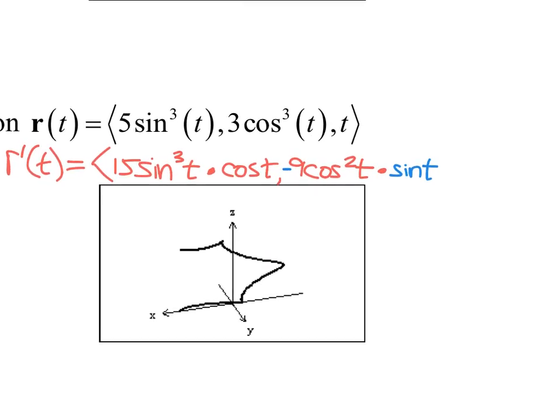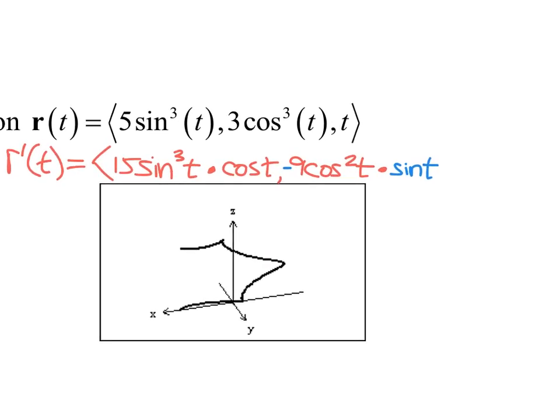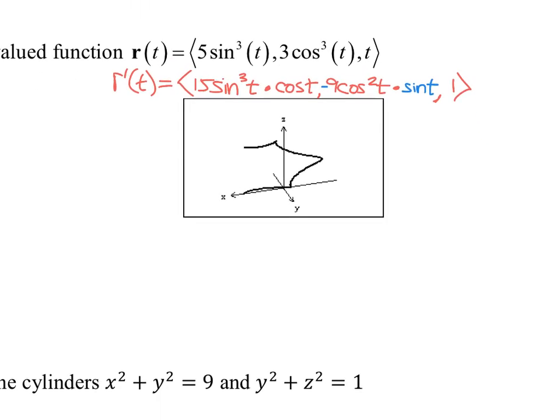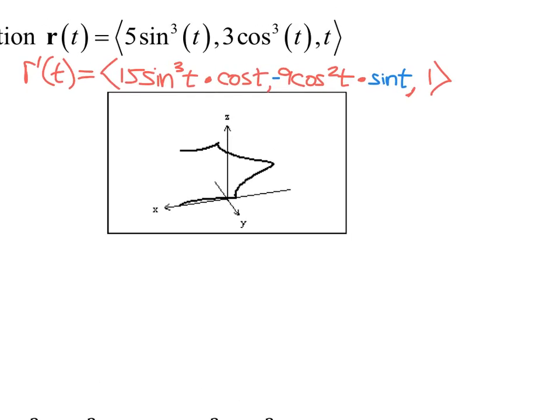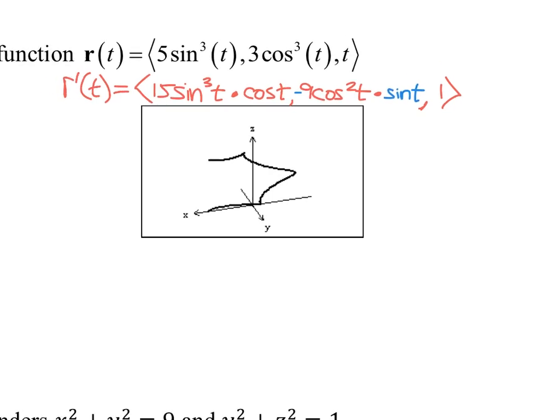The only saving grace on this one is that the last component t is going to go to 1. All right, so chain rule twice, and derivative of a linear function once. So still not crazy, but more than you probably wanted to do.